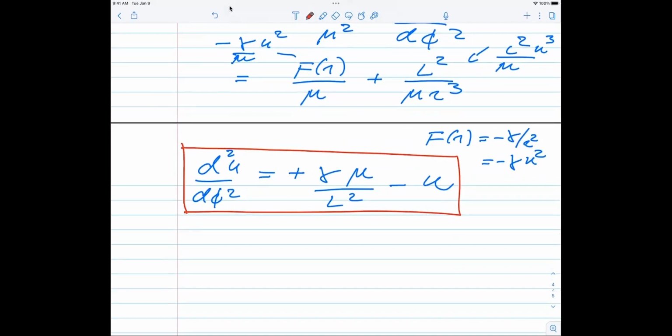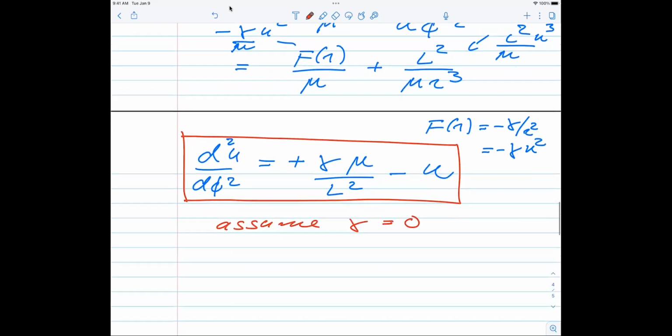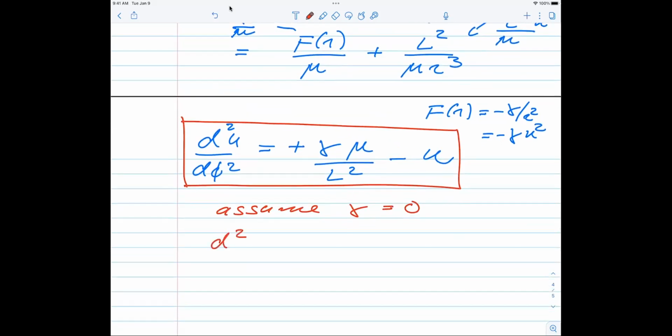Now, let us assume, just for simplicity, that gamma is equal to 0, okay? So then we have a differential equation, du of d phi, the angle, which is equal to minus u. So what's the solution to that problem?